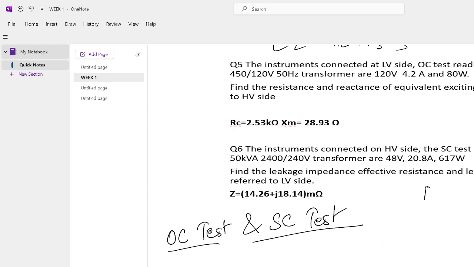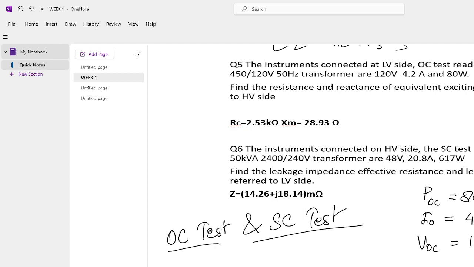It is given that POC is 80 watt, I naught, the no load current, is 4.2 ampere, and we perform the no load test under rated voltage conditions, VOC as 120 volt.